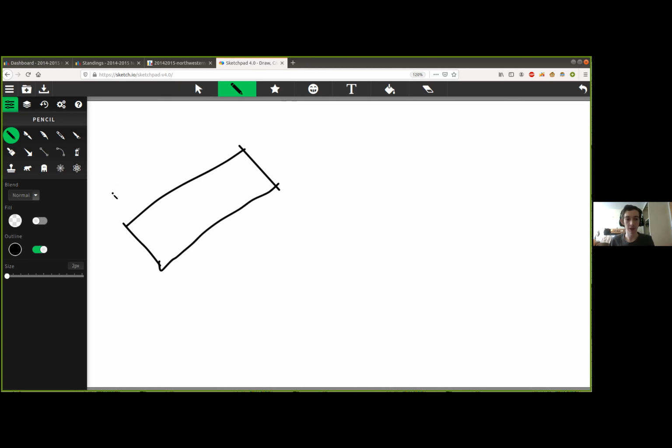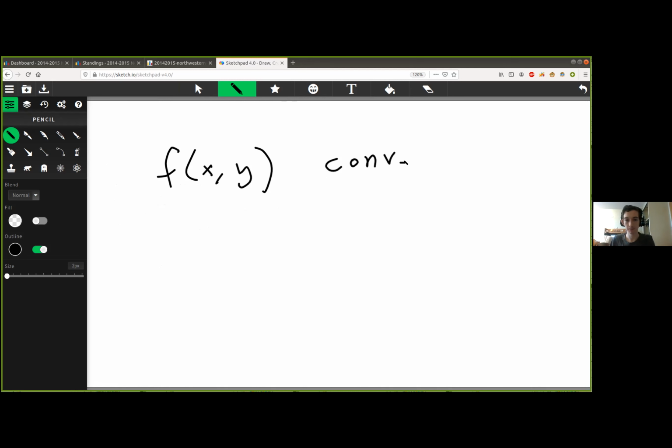So the function f of x and y, where we choose the point, is convex. So we have to optimize a convex function over this diamond shape.